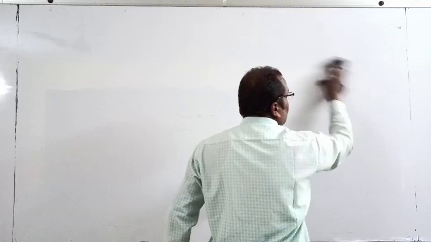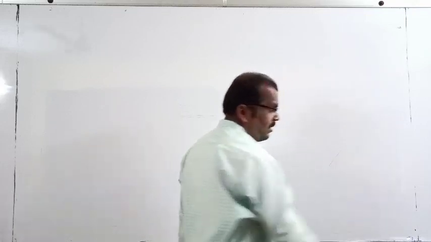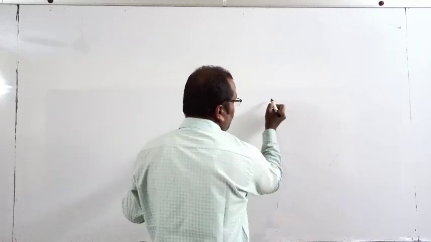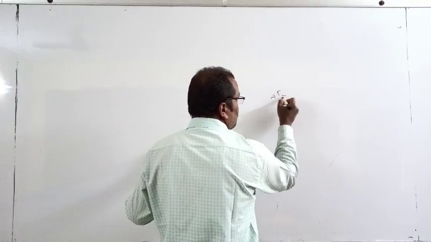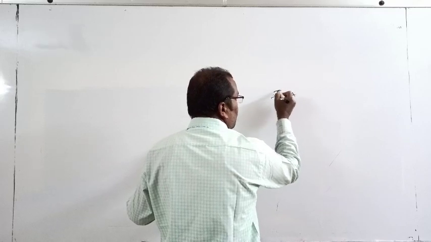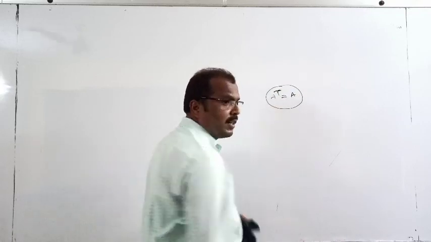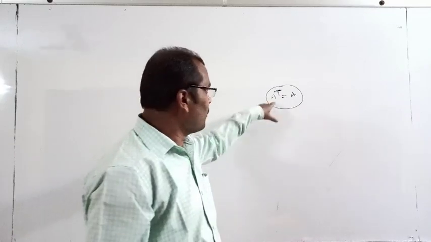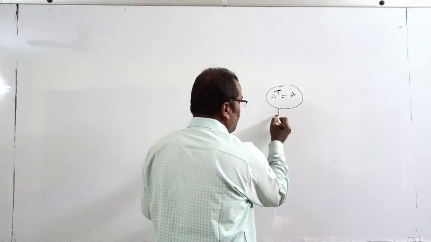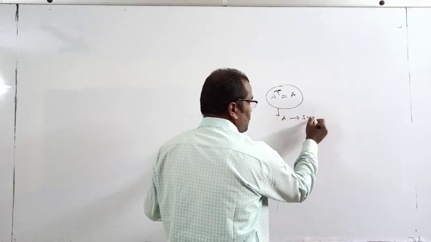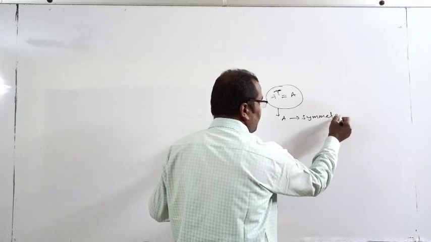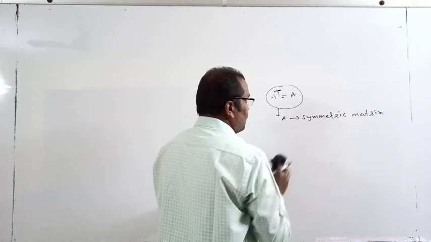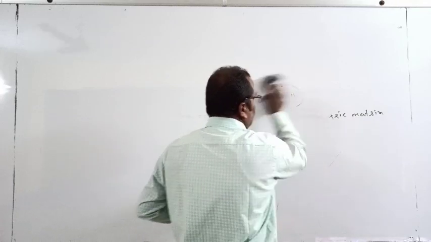So once again I am repeating the definition. The square matrix capital A is said to be a symmetric matrix if A transpose is equal to A. If the square matrix capital A satisfies this property, then A is said to be a symmetric matrix. That is the definition.